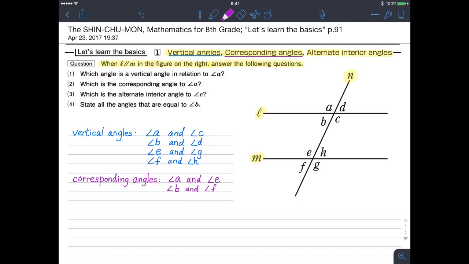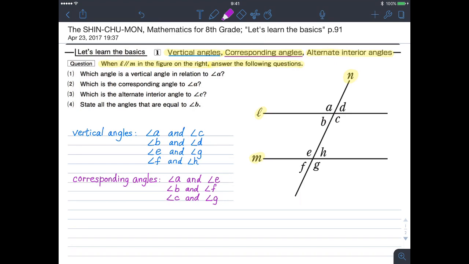You may also notice that angle C is in a similar relationship with angle G. Therefore, angle C and angle G are also corresponding angles. And since corresponding angles are equal, angle C and angle G are also equal.